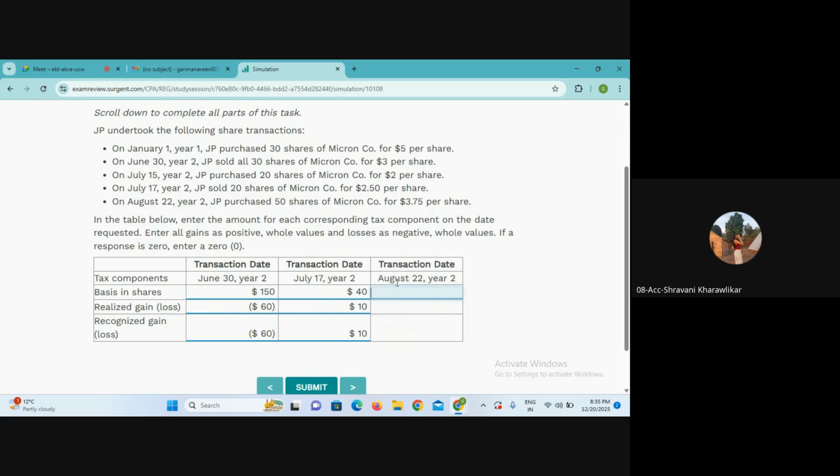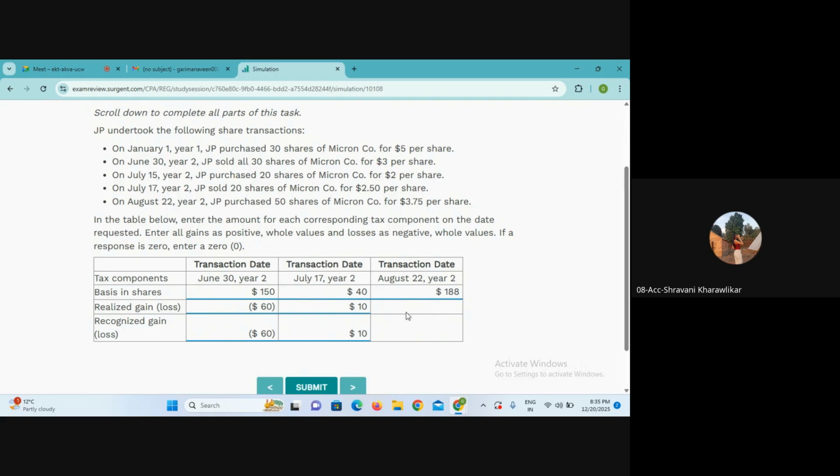Okay. So zero. Yes. Why not basis? You are purchasing 50 shares for 3.75. So 50 into 3.75, 187.5. Okay.